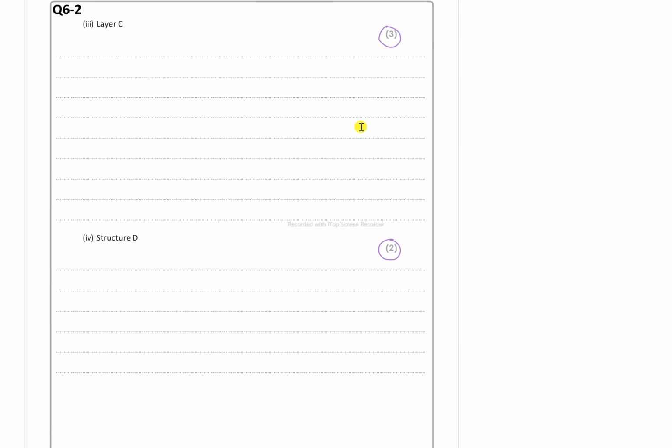Right, layer C. This is called the spongy mesophyll layer or the spongy layer. Spongy mesophyll layer has air gaps. These are standard answers that you can learn, and just then if they ask you, you apply them.